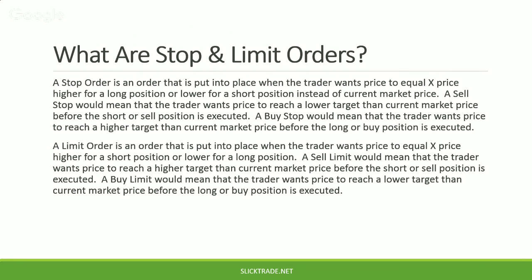A buy limit would mean that the trader wants price to reach a lower target than current market price before the long or buy position is executed. So with a limit order, you're going to make more pips. But the same thing, you know, that trade is not valid until it reaches that lower price for a buy or long, or a higher price for a short or sell. Okay.